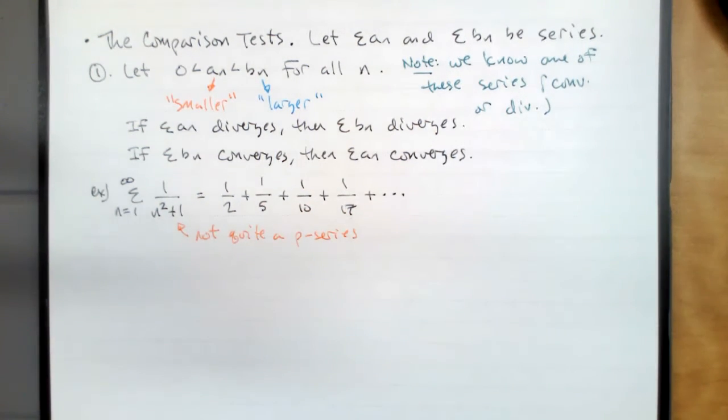So we should notice this is not quite a p-series. 1 over n squared is a p-series. It's not quite a p-series, but we know it is very similar. 1 over n squared plus 1 is going to be very similar to 1 over n squared. That's our nearest p-series that we can compare with this.